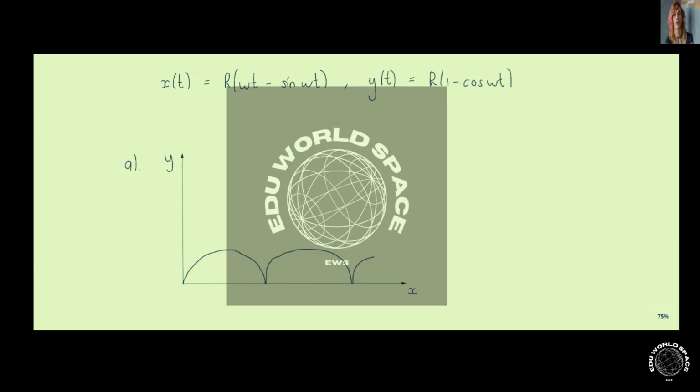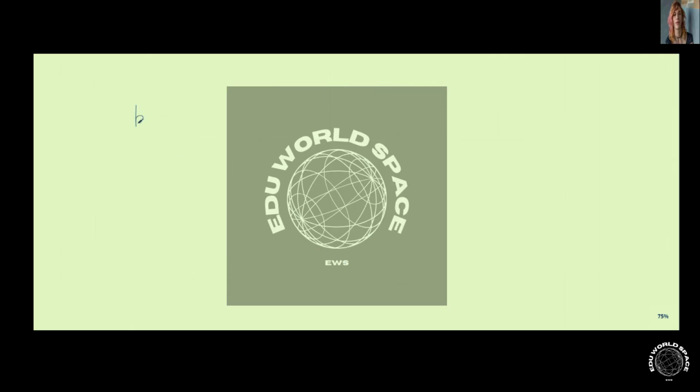Now in part B, we want to find the velocity and acceleration components at any time t. Now we know that the velocity components will just be the first derivative of x and y with respect to time.